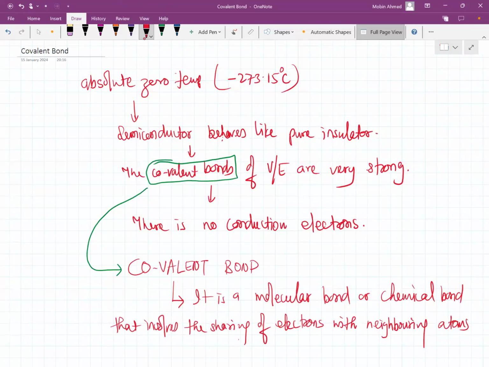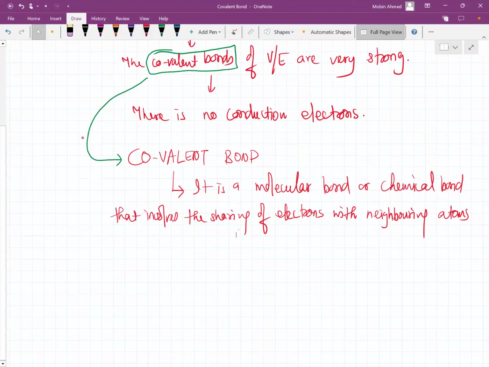Okay, so it is a molecular bond or chemical bond that involves sharing of electrons with the neighboring atoms. This is also known as a bonding pair.